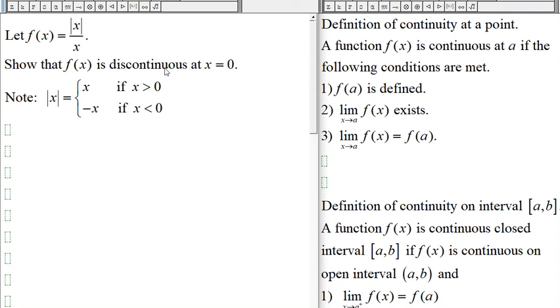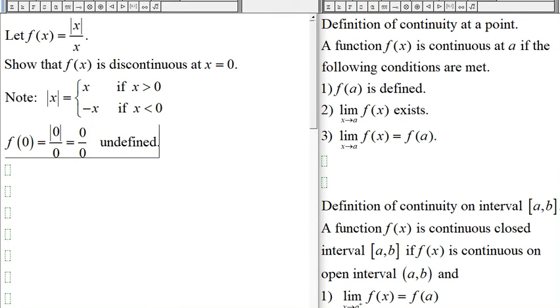And again, to show that the function is discontinuous at x equal to 0, we need to show that one of these three conditions fails. And so we can see right away that if we do f of 0, then we get 0 over 0, which is undefined.